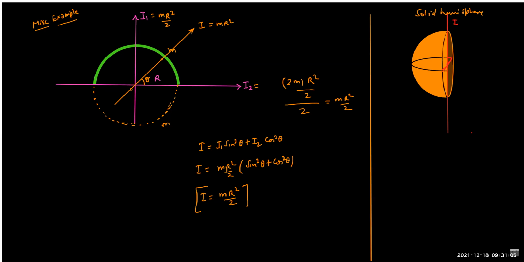What is I? Mass is given as M, radius is R. You can take the radius as R, mass as M, and then what is the answer? So now you know the answer for the full sphere, correct?